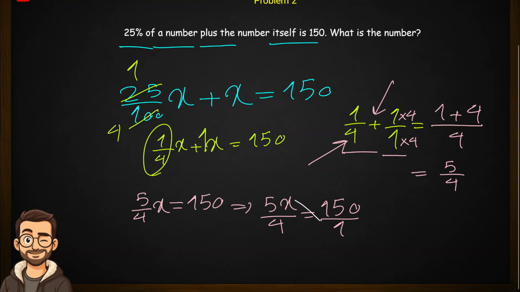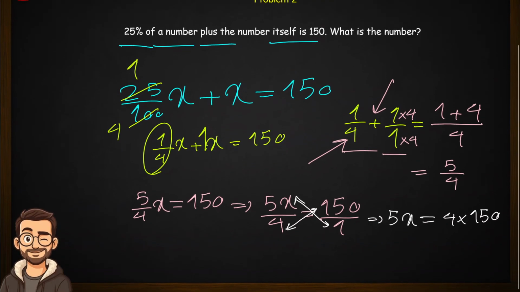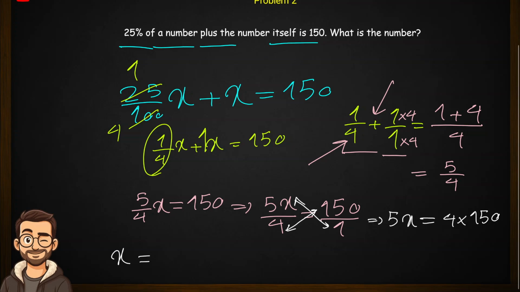Now, again, do this. Multiply 5x by 1 gives you 5x, equality sign, and multiply 4 by 150, let's leave it like that, 4 times 150. So what is x now? x is 4 times 150 over 5. Why?